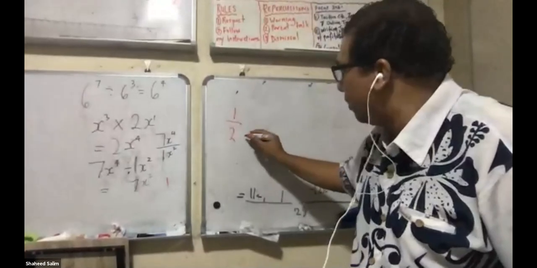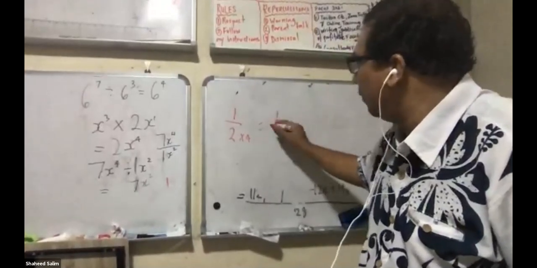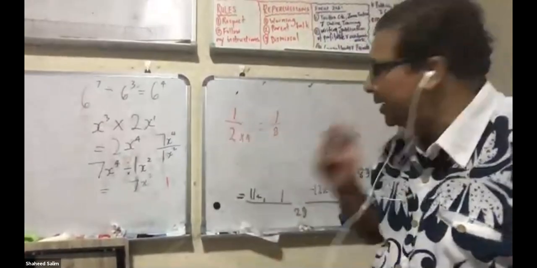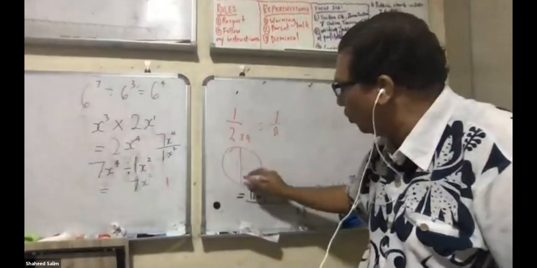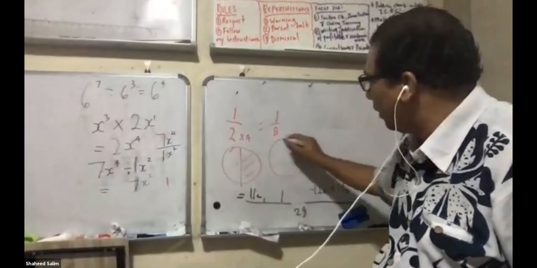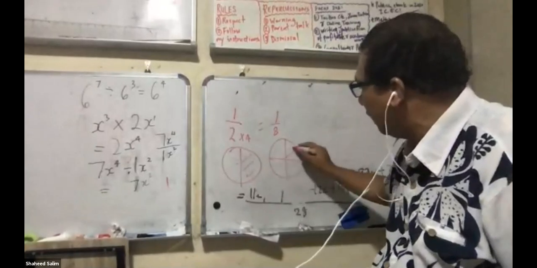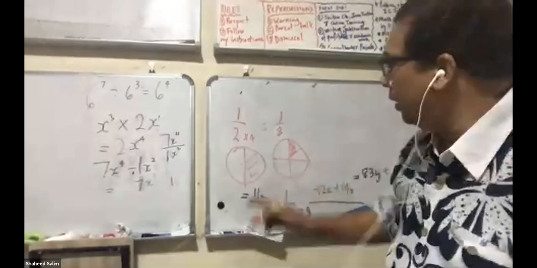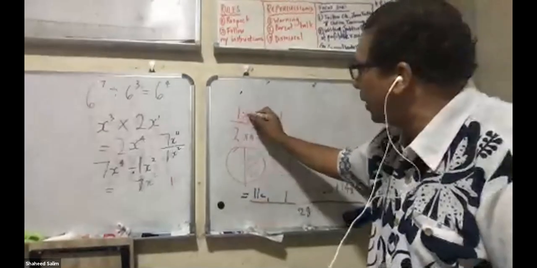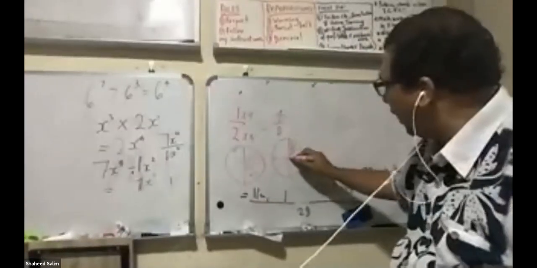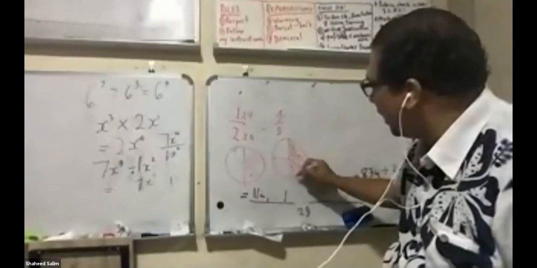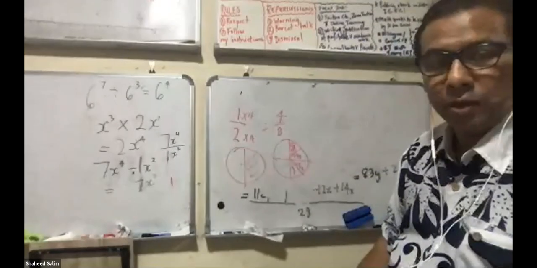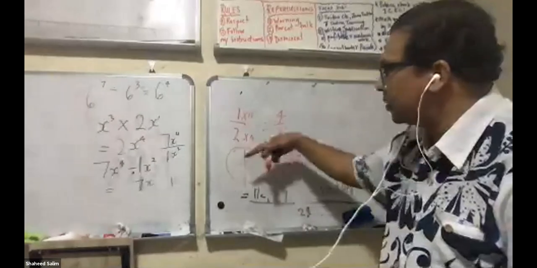I times this at the bottom by 4. Now it becomes 1 over 8. It's a different thing, you know. This is 1 out of 2. Now you are making it 1 out of 8. How come we can change like that? So now if you times the top also, this one becomes 4. 4 out of 8. Can you see 4 out of 8? It's still the same. You times the bottom, you must times the top.